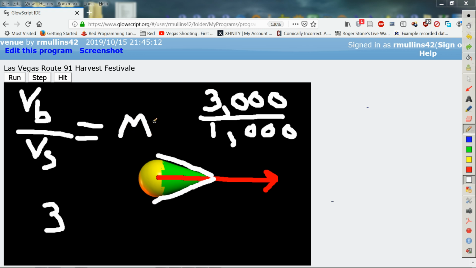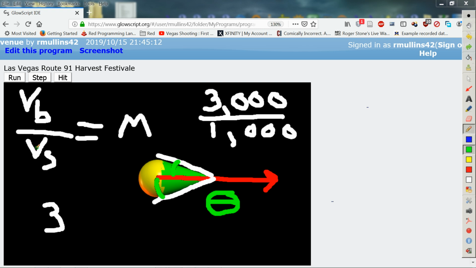Now remember, this is a 2D representation of a 3D phenomena. Then he said the angle, or the inner angle there, which we'll call theta, is given by the trigonometric function of the Mach number.